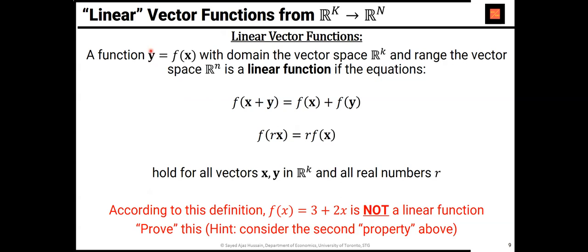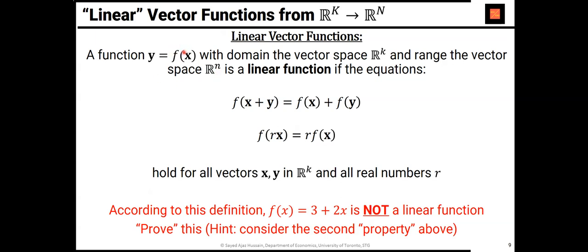So you have a function, just like any old function, some y's expressed in terms of x's. The domain is Rk, which means all the x's must be sitting in Rk, and the range is Rn, which means all the y's are in Rn. The inputs are in Rk, the output is in Rn.